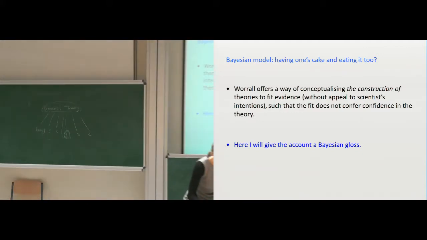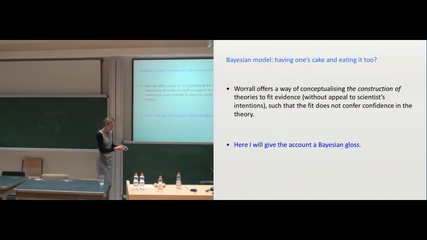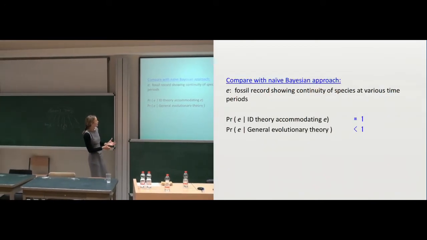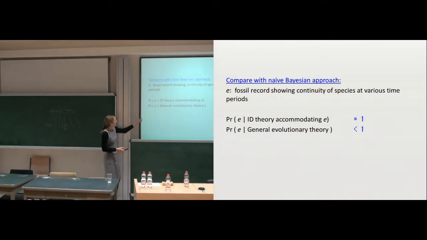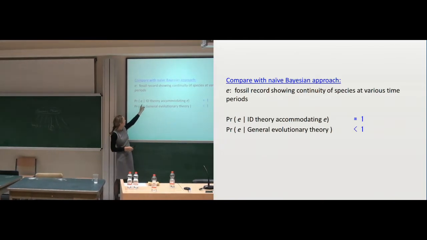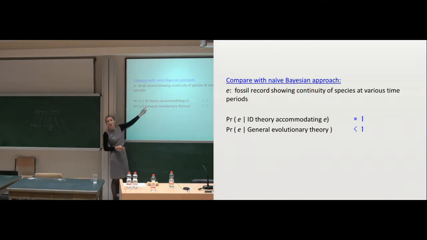Now, just to compare, you might think that the Bayesian doesn't really need to worry about this stuff anyway, because usually confirmation for the Bayesian is just the relationship between these likelihood probabilities for different theories, right?